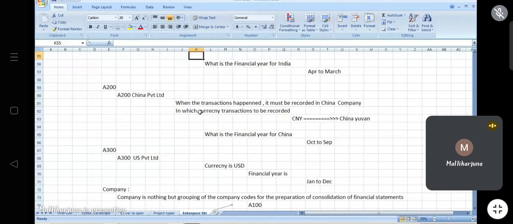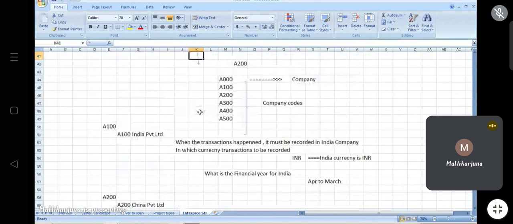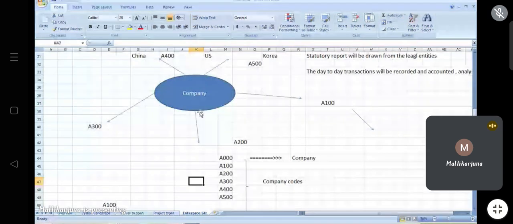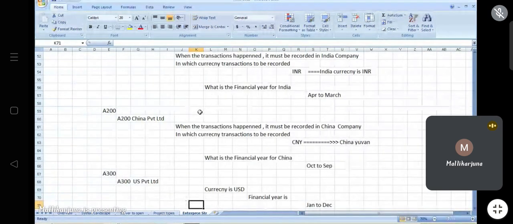Not only currency and financial year, accounting standards also we need to consider. In India we follow the Indian accounting standards, whereas China follows GAAP, generally accepted accounting principles.